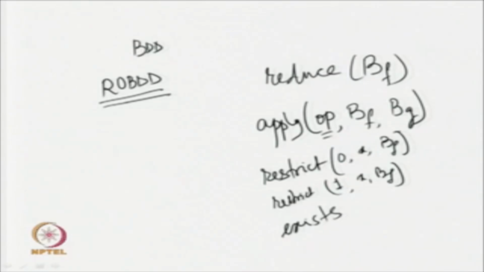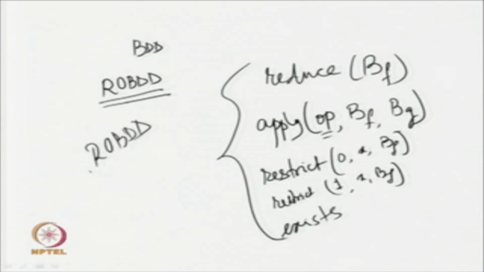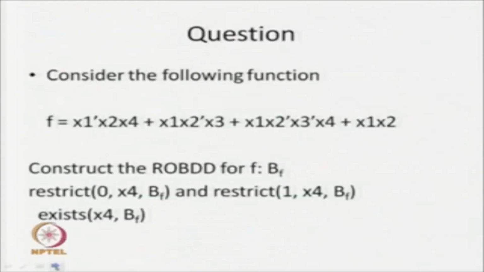Basically, we are going to relax the function on a given variable. That means we are relaxing the constraint on a given variable, or it may be a series of variables. So, these are the algorithms that we have seen which can be directly used on your ROBDD, and as a result we are going to get another ROBDD, where the ordering of the output BDD will be the same as the input BDD.